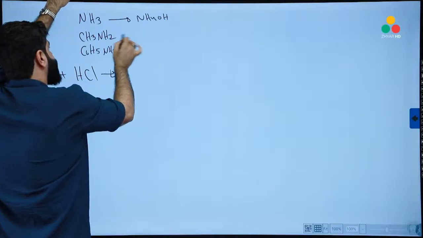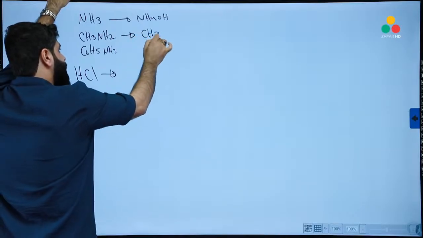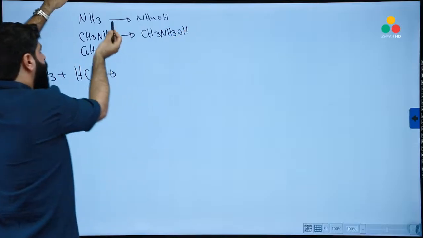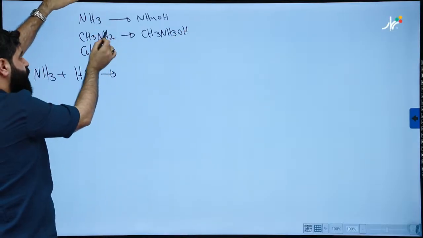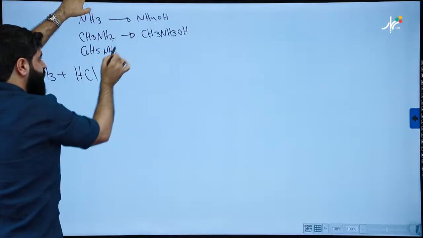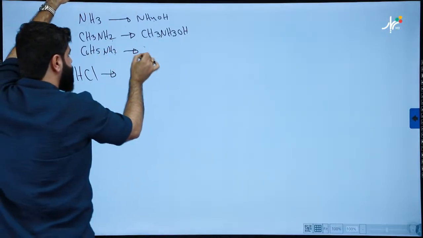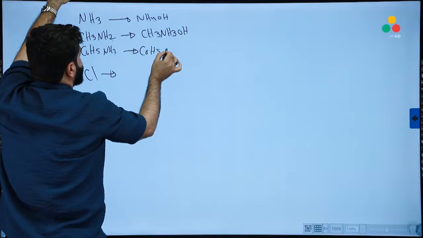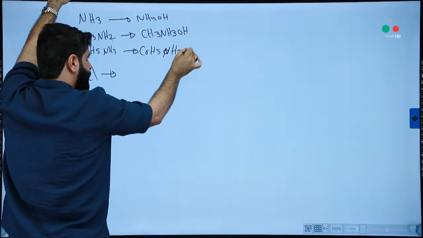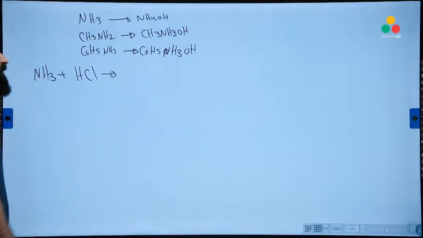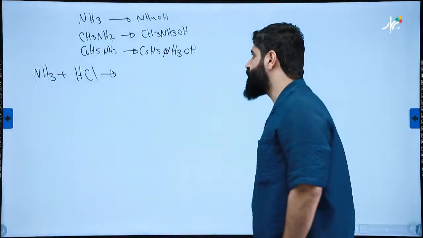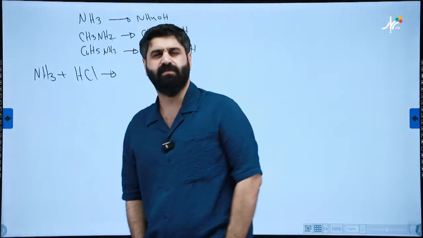NH4OH, and this one, CH3NH3OH. Add one hydrogen with OH. Two will become 3 with OH. C6H5NH3OH. Okay, so the weak bases in their aqueous solution will gain a proton with one OH, so they will become their hydroxide forms.